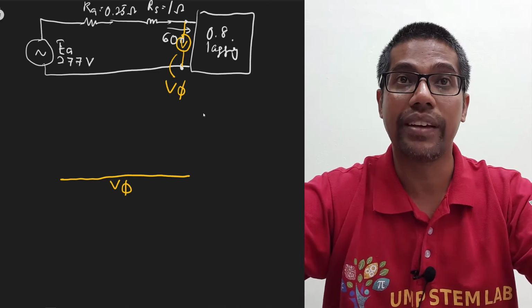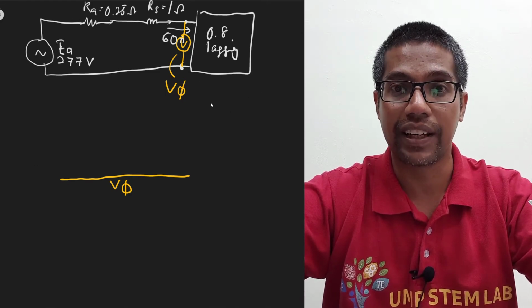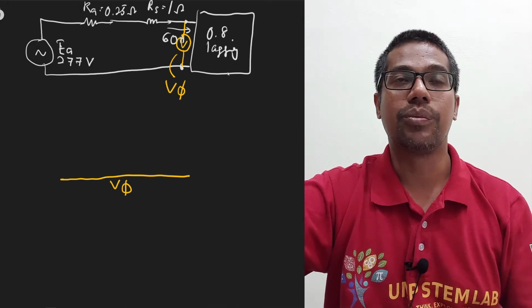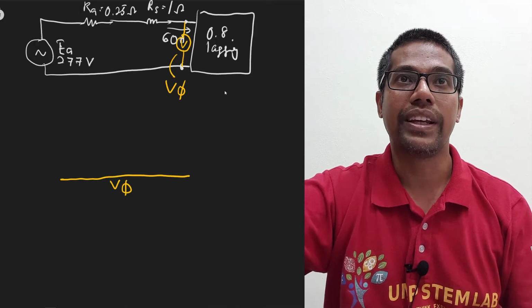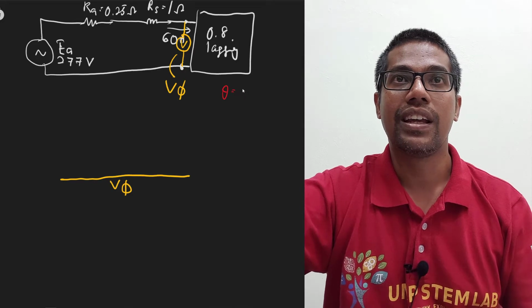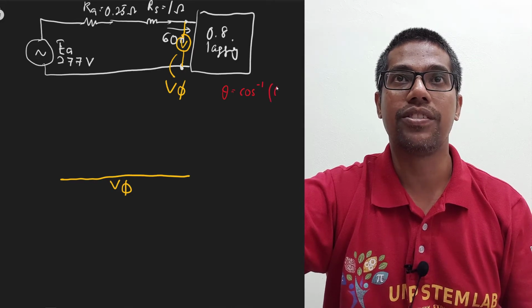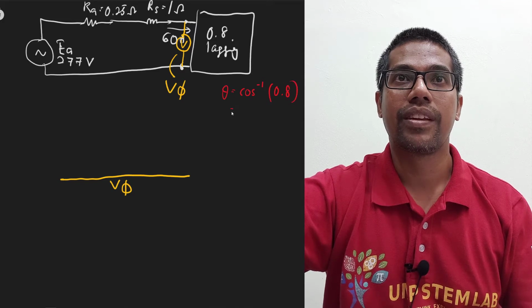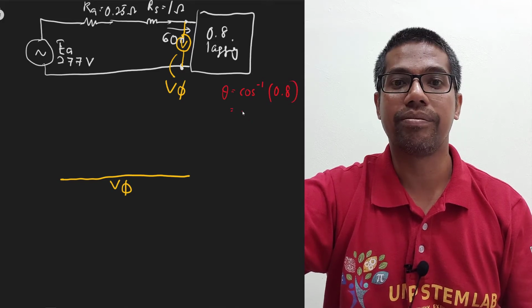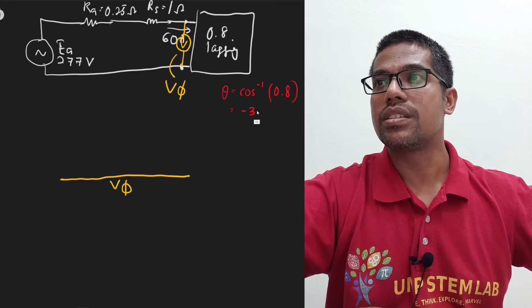So how do we get the phase of the current? This is 0.8 lagging, so to get the theta, it equals arccos of 0.8. What do you get? Negative 36.87.